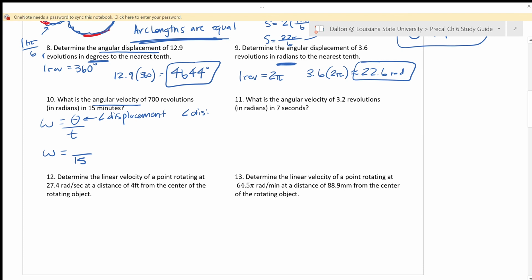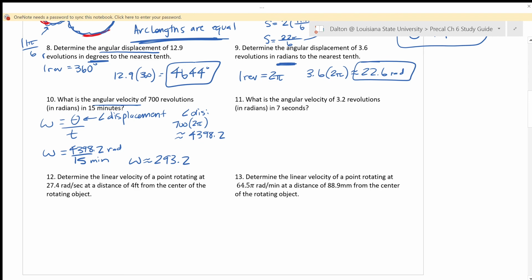Our angular displacement is going to be 700 times 2 pi, which to the nearest tenth is about 4,398.2. That's how many radians the circle covers in 700 revolutions, so that's what goes in for theta. 4,398.2 radians divided by 15 minutes gives us omega as approximately 293.2.